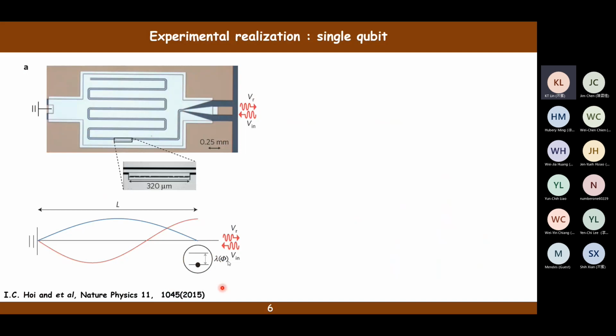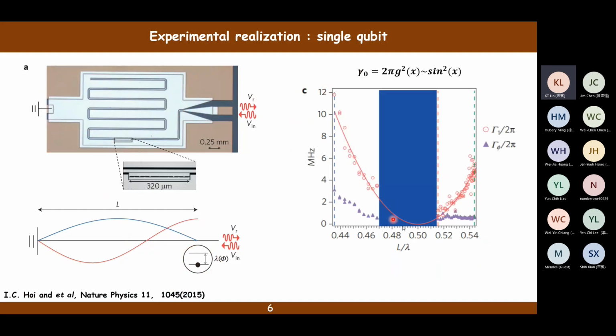This cartoon shows you the model of this experimental setup, and here is the mirror. You can see the qubit is put in front of the mirror, and in reality they can apply an external flux to tune the transition wavelength of this qubit, which means that they can effectively tune the position of the qubit. So they measure the line width of this qubit by changing its effective position.